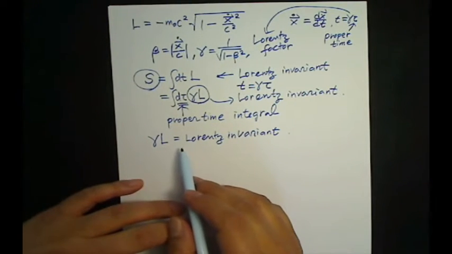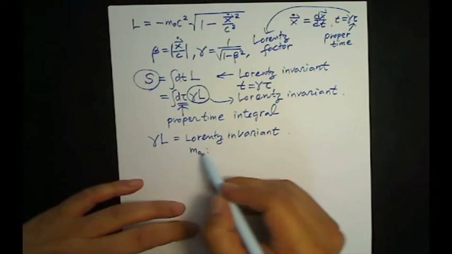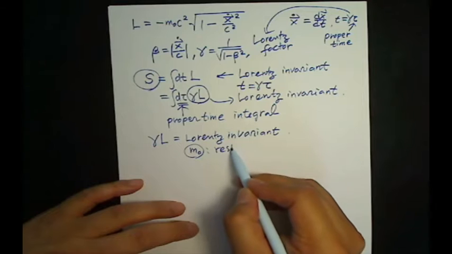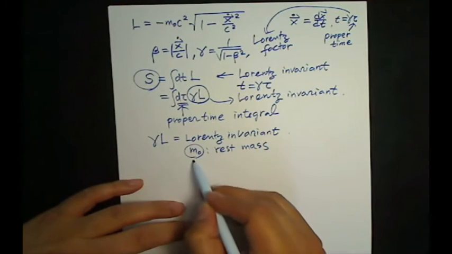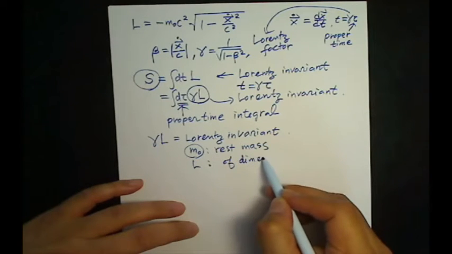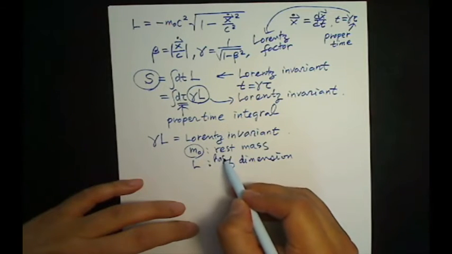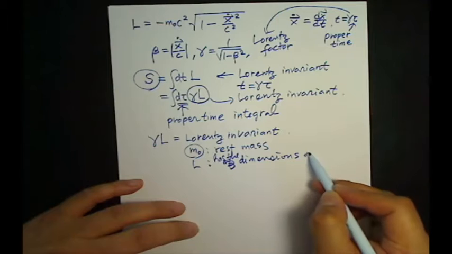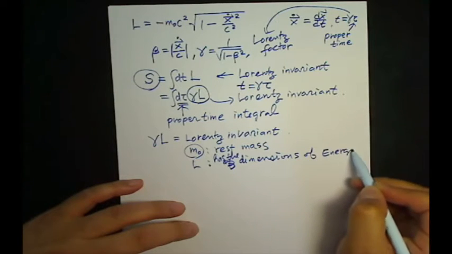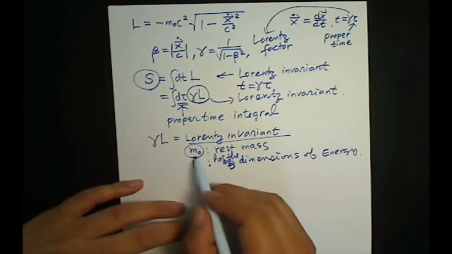Is there any Lorentz invariant quantity for a particle of rest mass m0? L has the dimensions of energy, and it is a Lorentz invariant energy of a particle of mass m0.